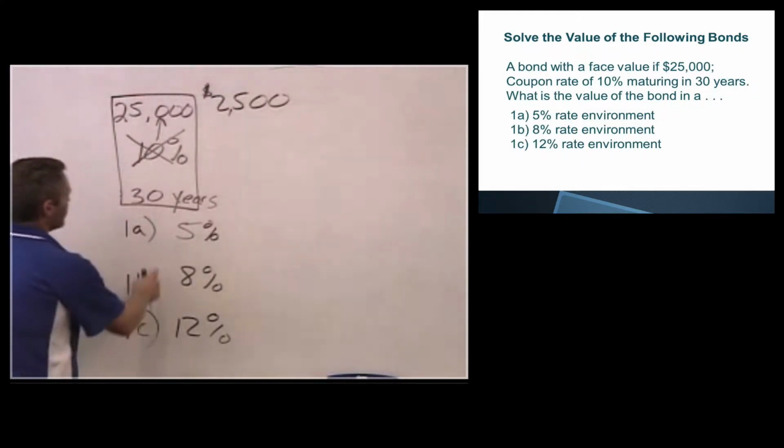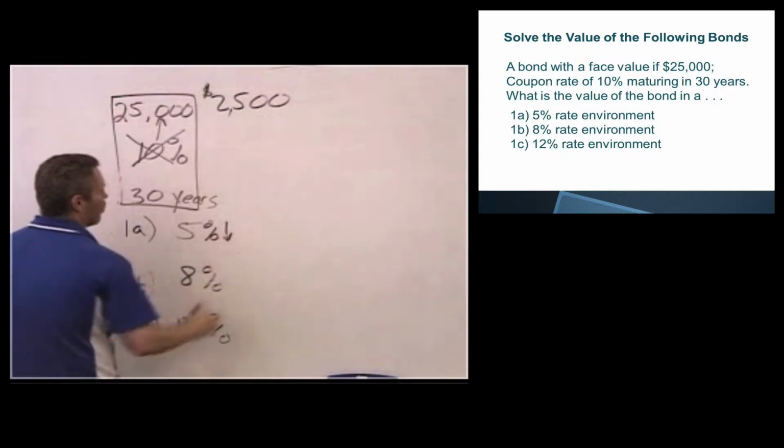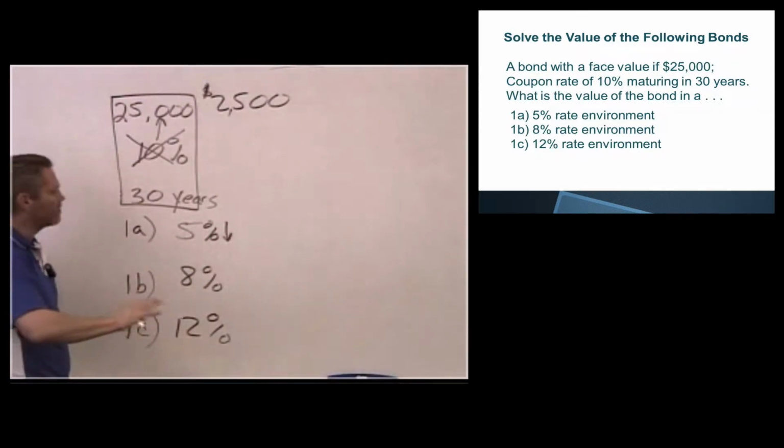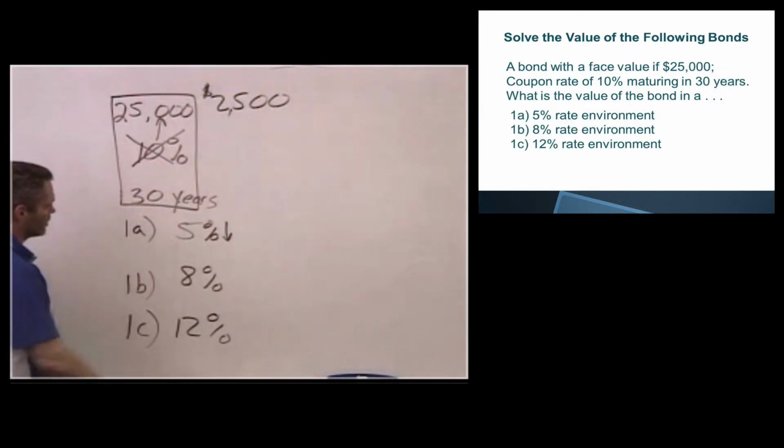So what we can tell at this one, if we've got a 10% coupon rate and interest rates fall to 5%, one thing I know for sure about this answer, before I even figure out anything, is it's got to be above $25,000.